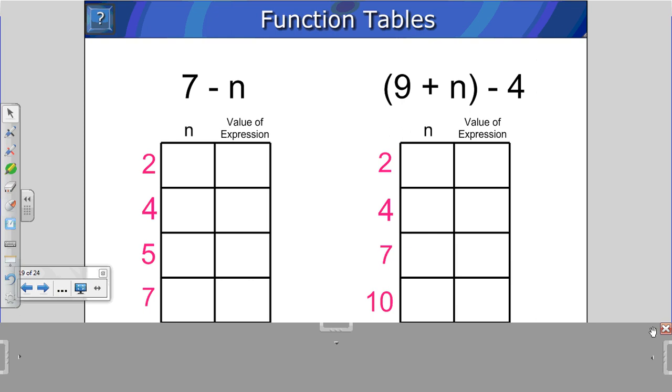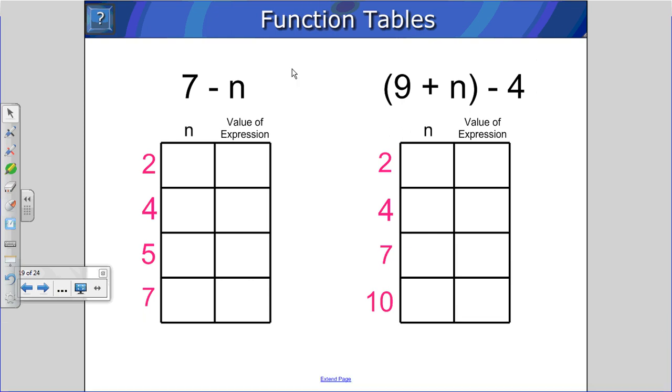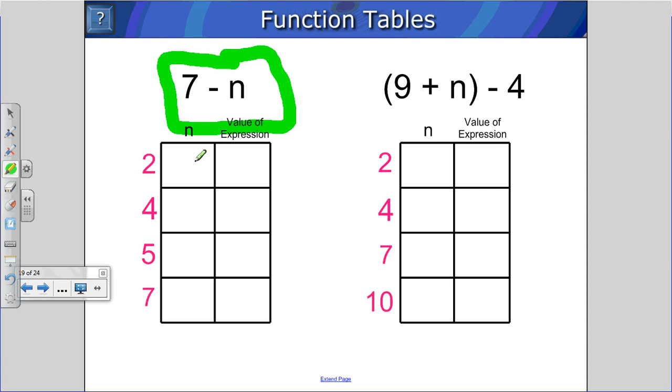We call these function tables. In a function table, you're going to have an input and an output. Whatever number you put in is the input, and when you put that number in, you get an output. So we have an expression, and we plug in our 2 and get an output.